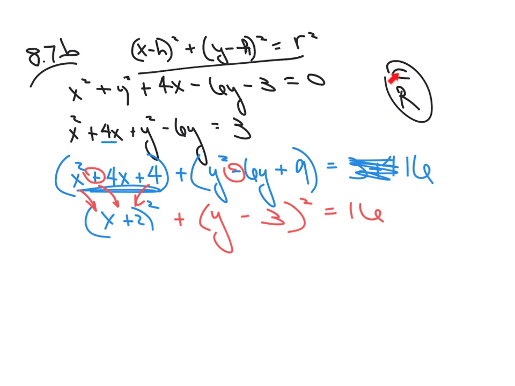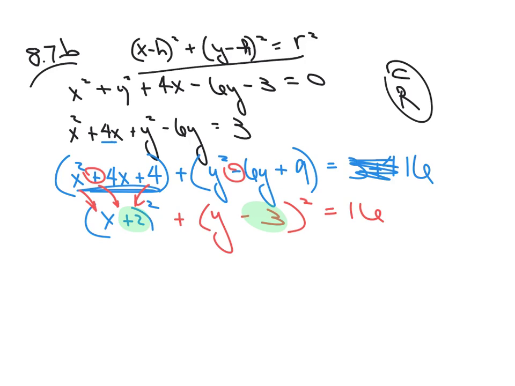Now, we also were asked to find the center and the radius. Okay, so the center is going to be whatever makes the parentheses here 0 and the parentheses here 0, which in other words means the opposite signs here.